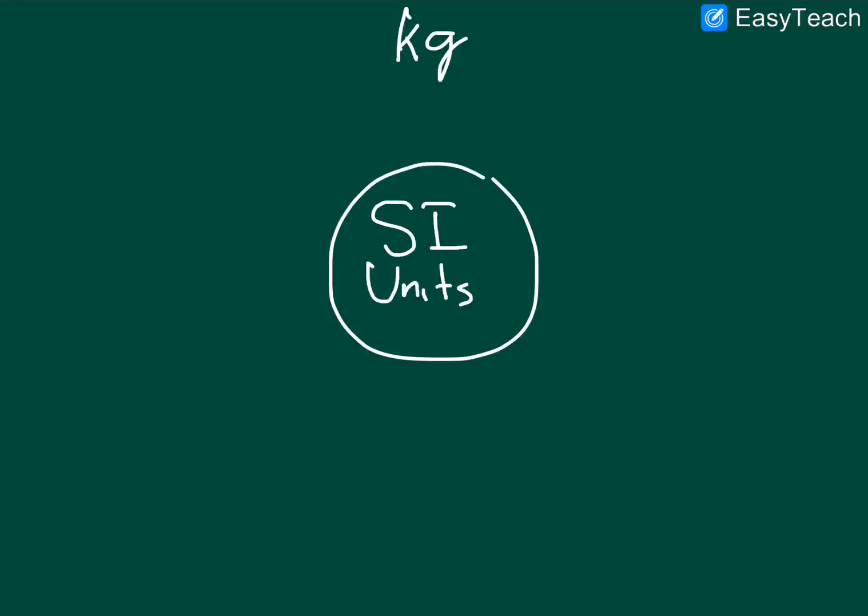We can say that as well. The next unit is for length and measuring distance, and that is the meter. The meter right there, and we represent that with an m, with a lowercase m. Also, yes, kilogram is a lowercase kg.